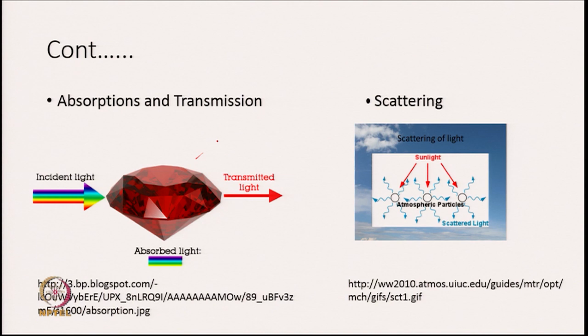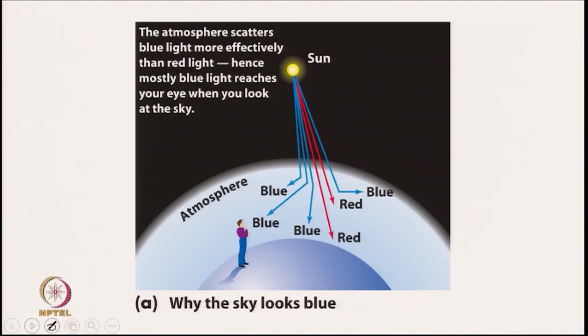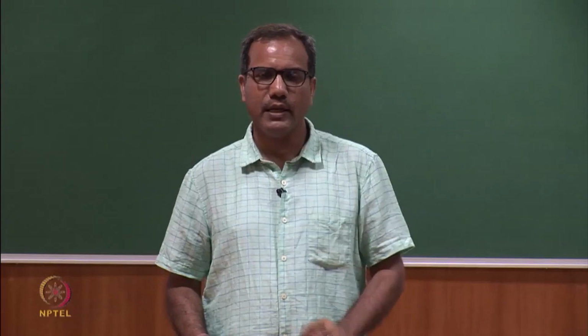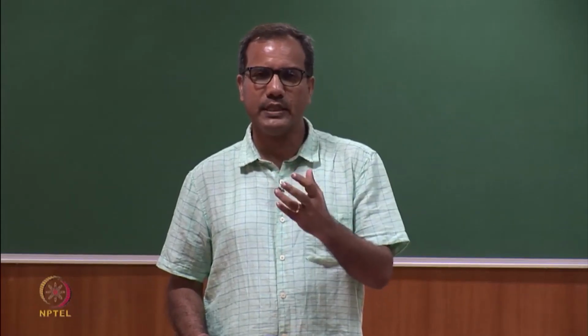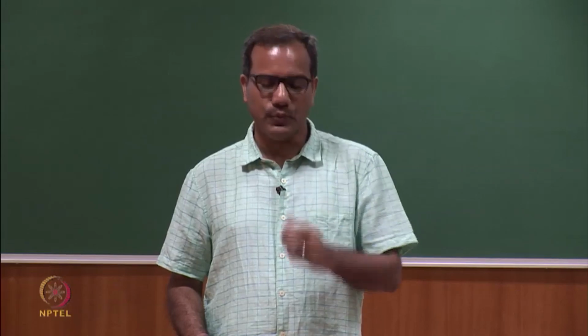For example, the atmosphere scatters blue light more effectively than red light, hence mostly blue light reaches our eyes when we look at the sky. During the daytime, the blue light is scattered more effectively than red light, and since during the daytime it is the scattered light which reaches our eye, we see the sky as blue.